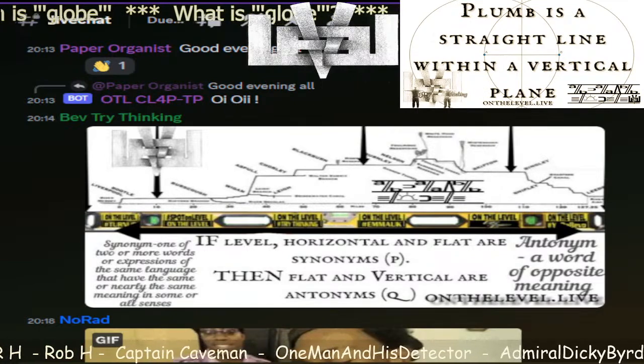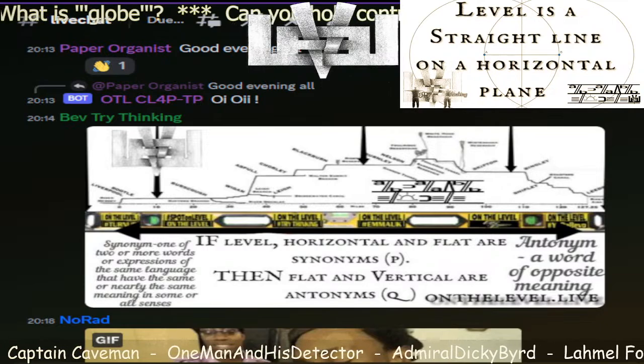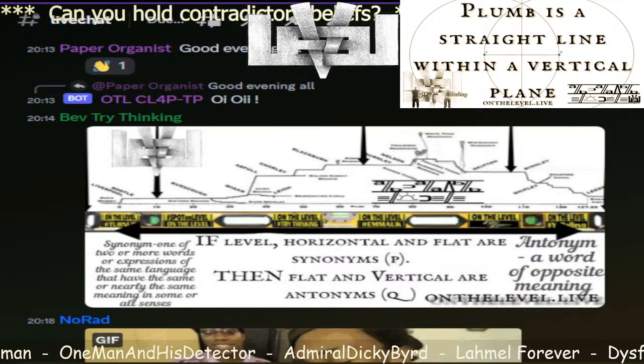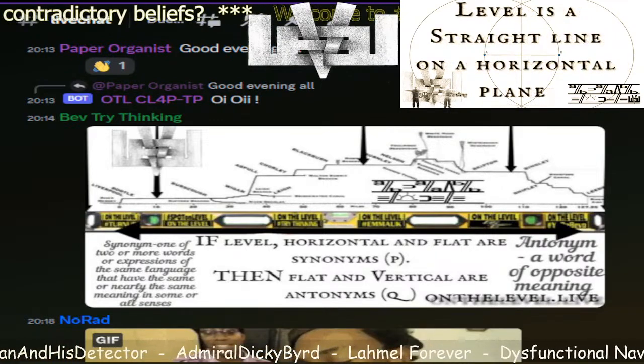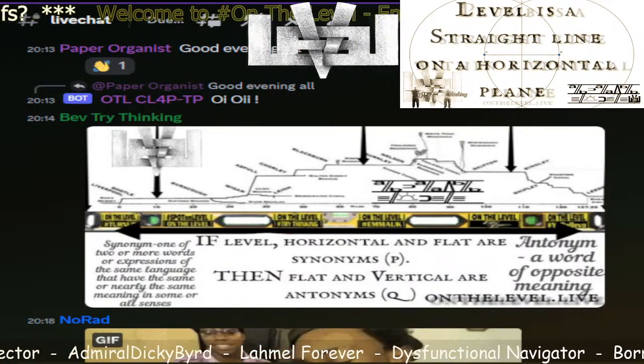No, I disagree. It is modus ponens. Well, no, it is a modus ponens if you say level, horizontal and flat are synonyms and then point to a dictionary as your proof for level, horizontal and flat being synonyms.